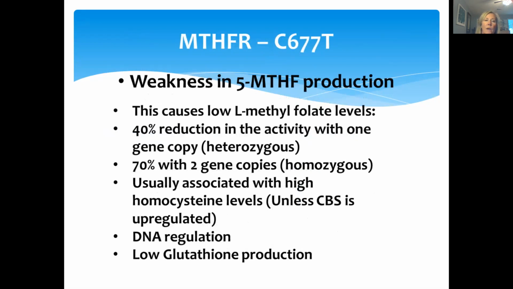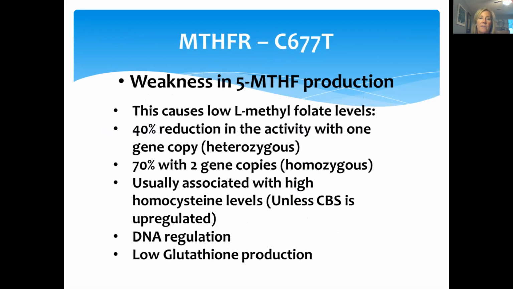In fact, when it causes low methylfolate, we usually say LMF, because methyl tetrahydrofolate is a mouthful. With one gene defect, you have a 40% reduction in the activity. When you have two gene copies, then it's a 70% reduction. So it's a much more severe form.